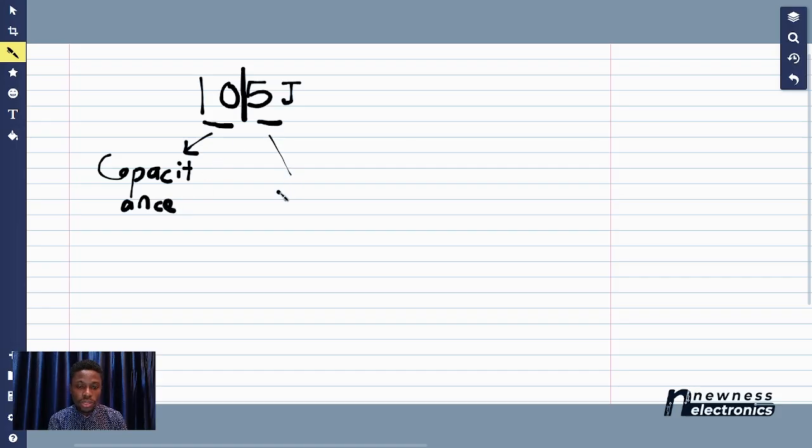This one is a multiplier, and this J here is a tolerance. From the resistor color code, I believe you should still be able to remember tolerance and this numbering notation.